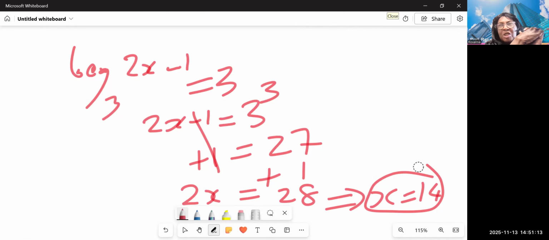So you have to change the base of the left-hand side. But I don't even see why you want to use a calculator. It's easier to solve without a calculator. Okay, let's keep on moving. Any question? All right.